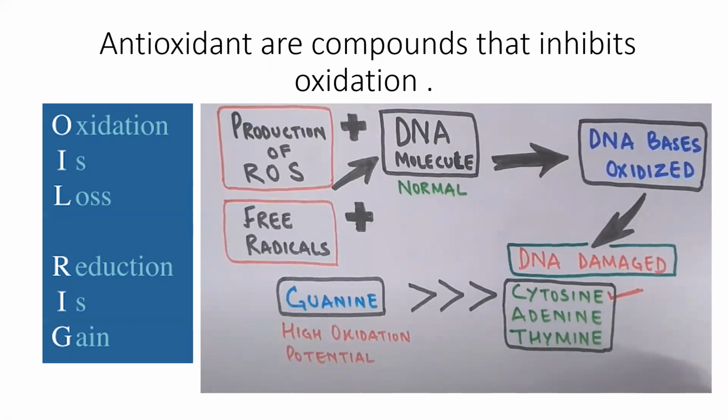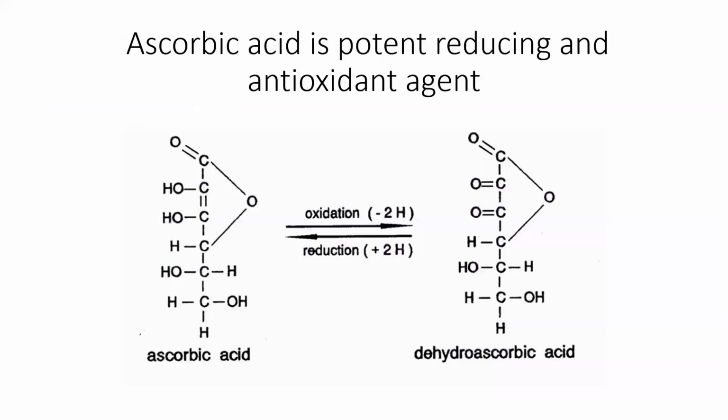So it's no coincidence that vitamin C is a very amazing antioxidant. So ascorbic acid is a potent reducing and antioxidant reagent. As we see here, the ascorbic acid molecule can directly donate electrons to reactive oxygen species, which is used to reduce metals like iron.